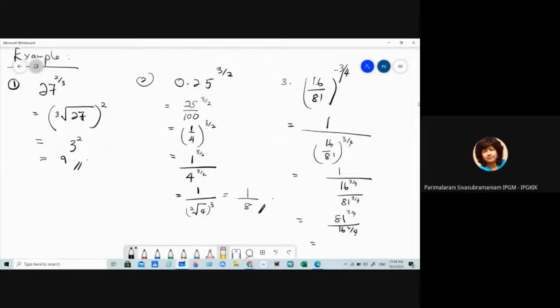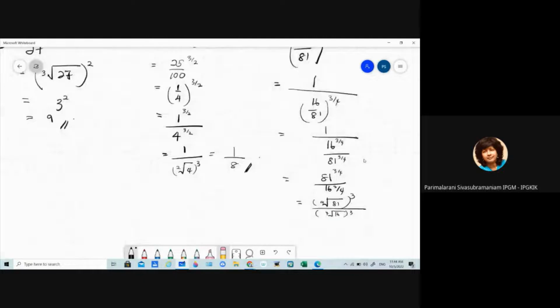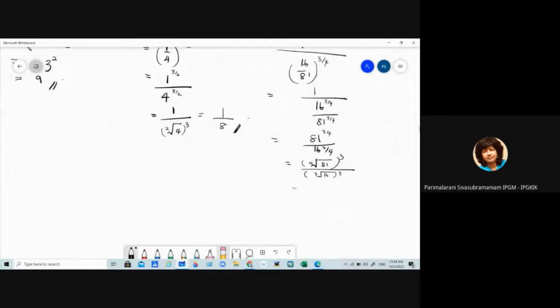Okay, so this actually is 81 to the power of 3 over 4 means fourth root of 81, cubed, over fourth root of 16, cubed. So to solve this, we have fourth root of 81 is 3, to the power of 3. Fourth root of 16 is 2, since 2 times 2 times 2 times 2 is 16. So it's 2 to the power of 3. So this is 27 over 8. Okay.